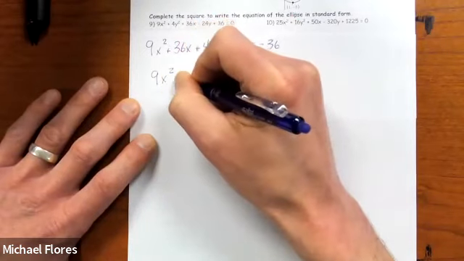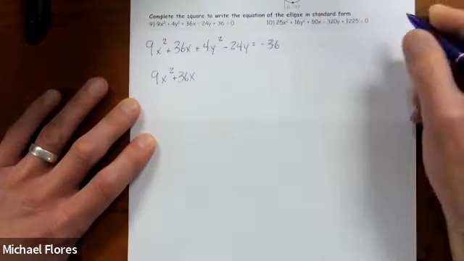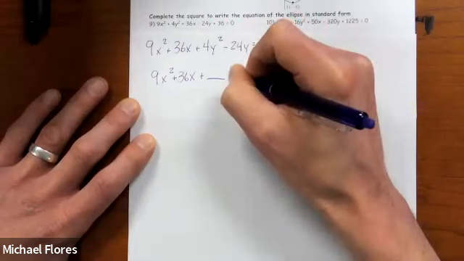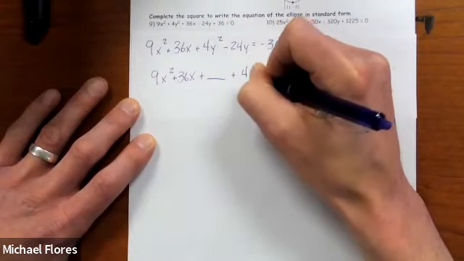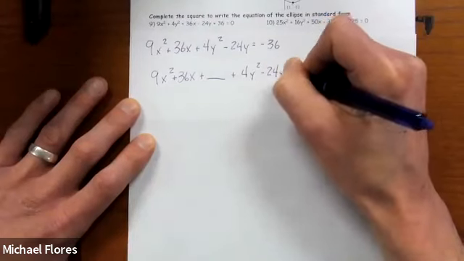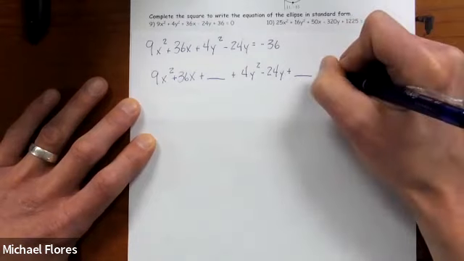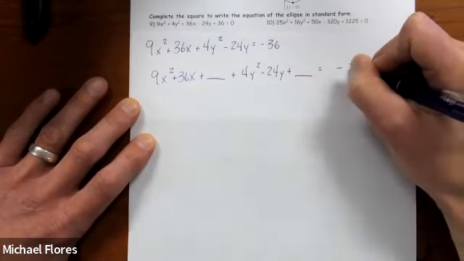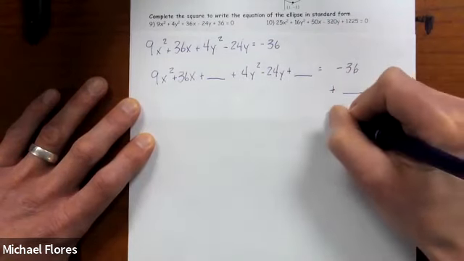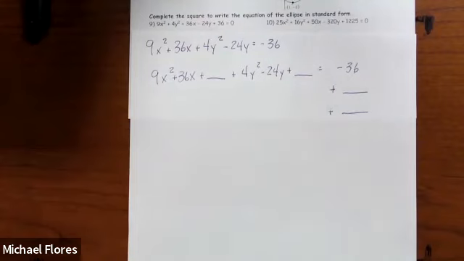9x squared plus 36x. I'm going to go ahead and create that space there. Plus 4y squared minus 24y. Create space there. Set it equal to -36 plus blank plus blank. And I'll explain again why we're doing that in just one moment.